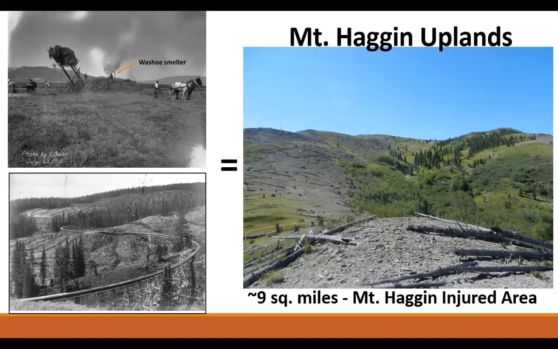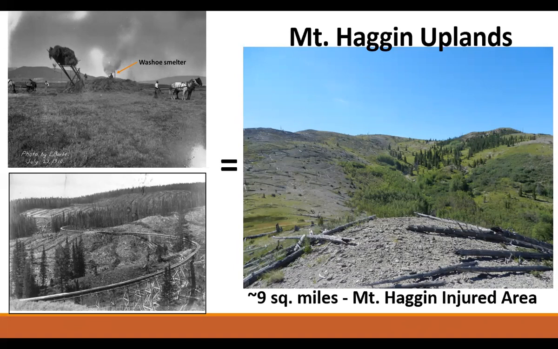Now this is 39 years post smelter cessation, but this is pretty common of what the landscape looks like in the Mount Haggin area, if you're not familiar. Where water is moving, we have trees. Where the aspect is favorable, we have vegetation.